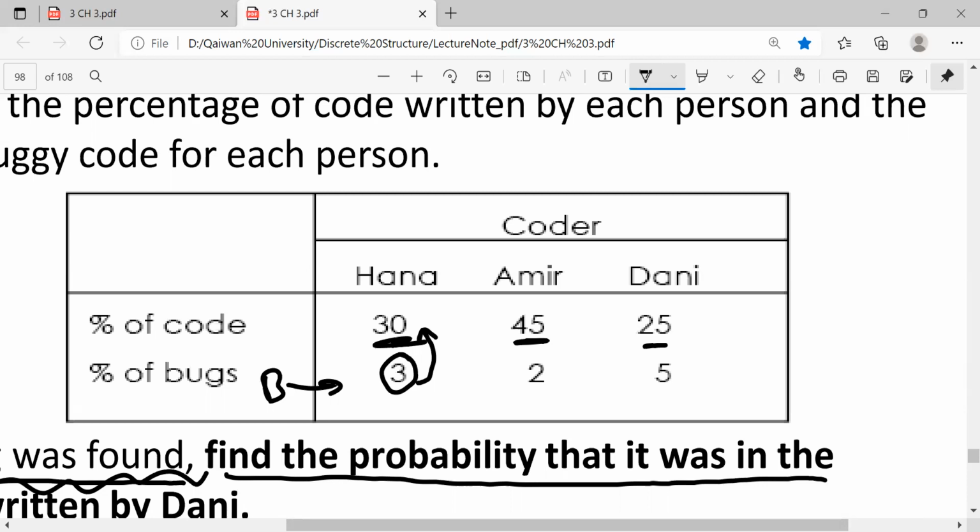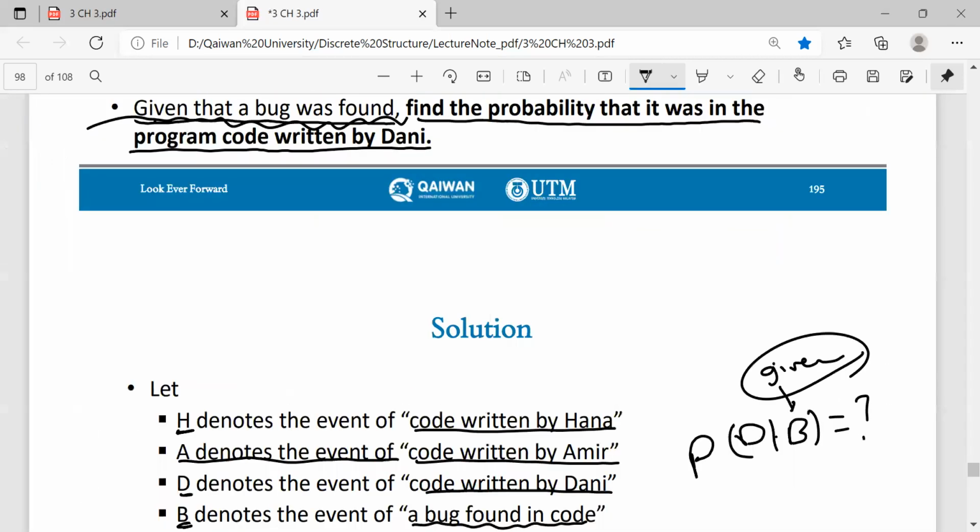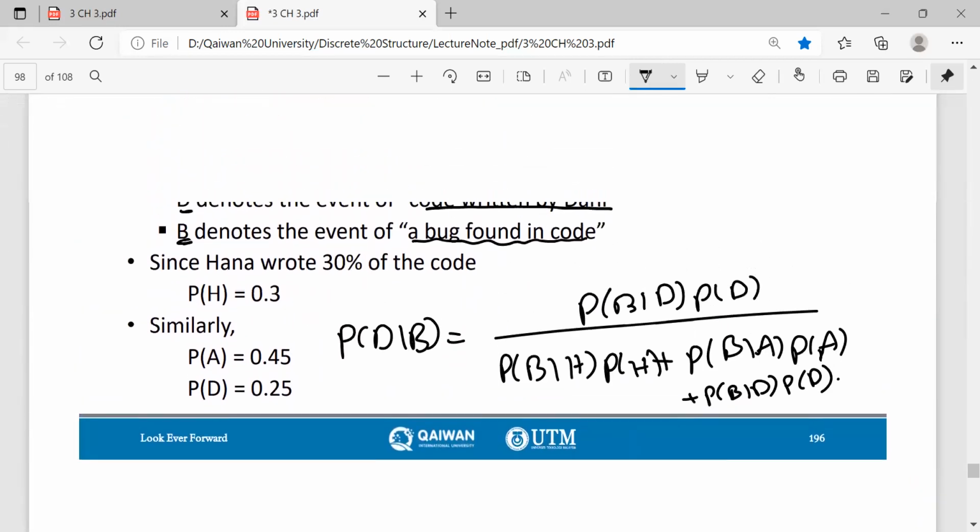The probability of B given A is 0.02. And the probability of B given D is 0.05. From the table, we can find these all here.